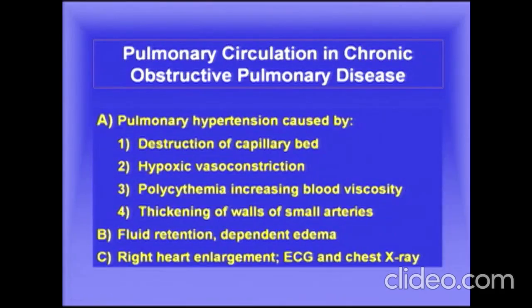In addition, these patients often have some polycythemia. It's a minor effect, I think, increasing blood viscosity. And also there are pathological changes in the walls of the small arteries. Patients with pulmonary hypertension often develop right heart failure with fluid retention, dependent edema, and the right heart enlargement can be seen both in the ECG and with more difficulty in the chest X-ray.